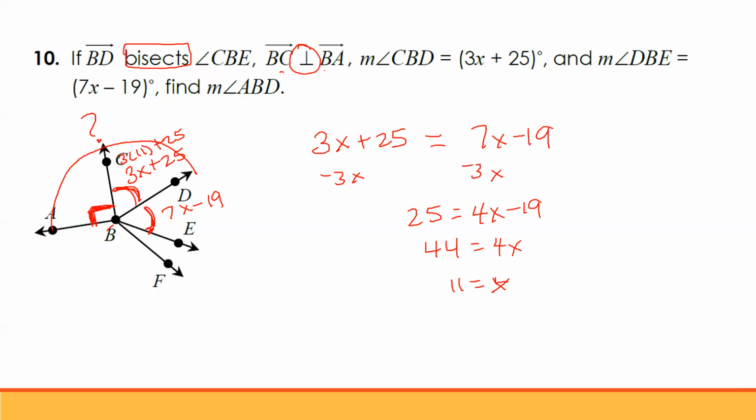Well, 3 times 11 plus 25 is 58. So, and I know this angle is 90. So together, I can find the measure of angle ABD. That's the big angle that's made up of the 90-degree angle and the 58-degree angle that we just found. So what do we get there? 148.